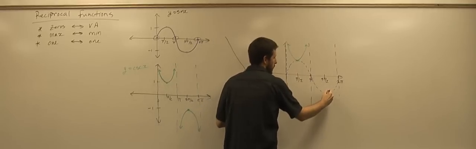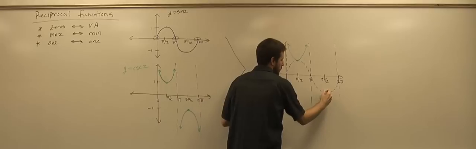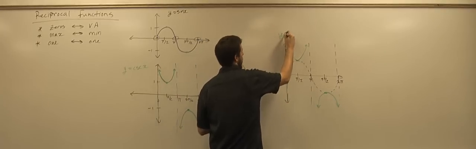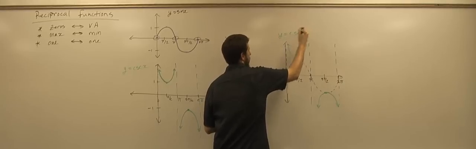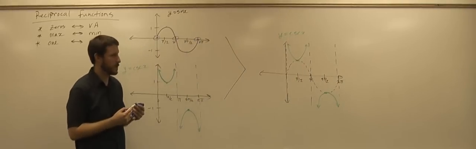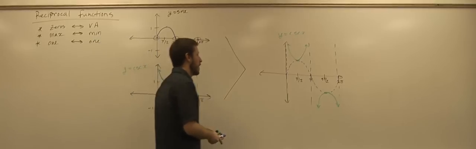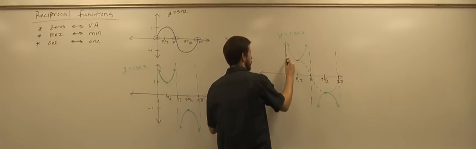And then taking this min and turning it downward, so it becomes a max. So if you wanted to do that, to save yourself some paper and some time, that's perfectly good with me. Oh, we should probably label these y values.